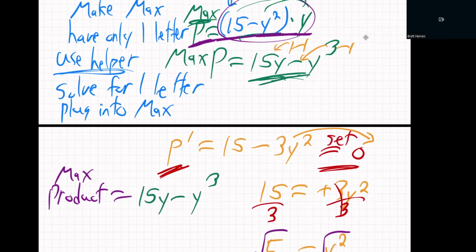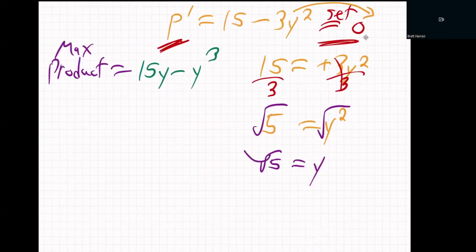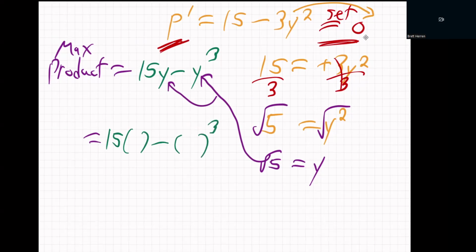You could use either one, it doesn't matter. Okay, so now I'm going to take that y value we got and plug it in. So I get 15 times, and I'm going to plug in square root of 5 for y. And that'll give me the max product.